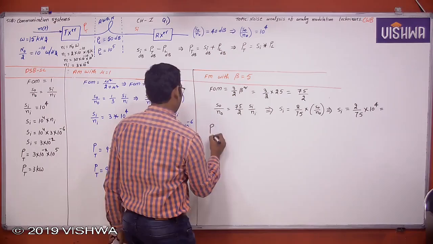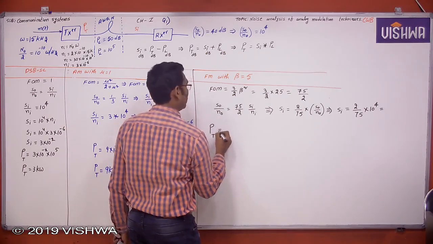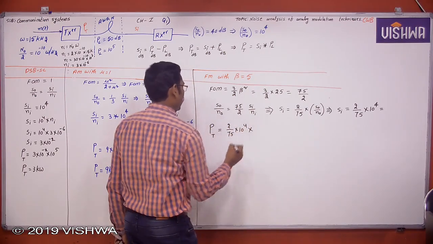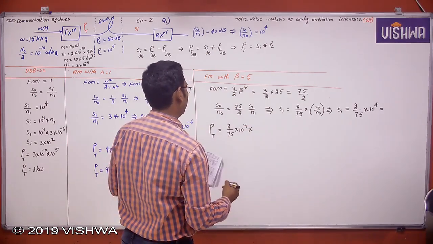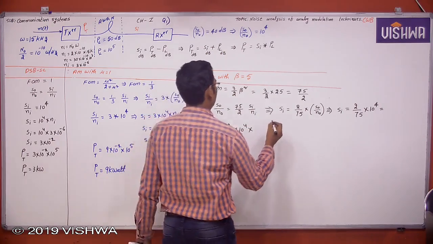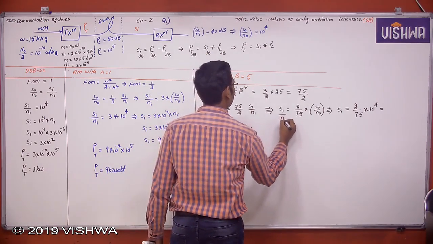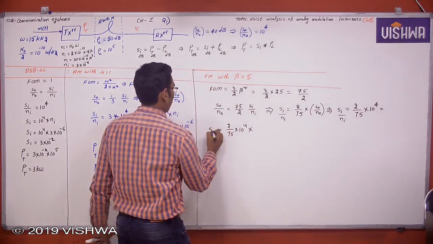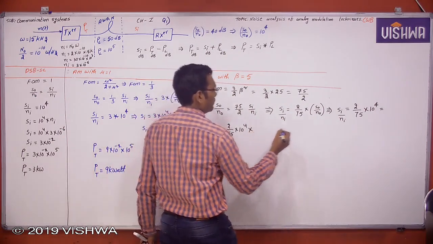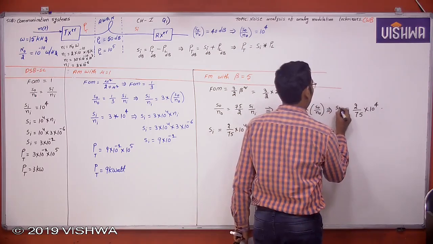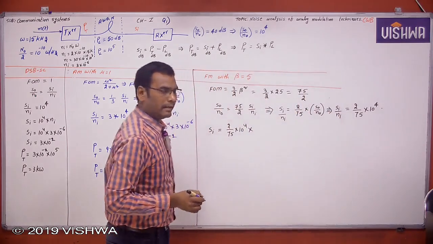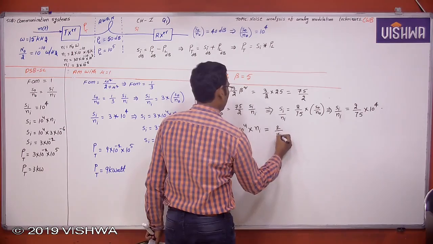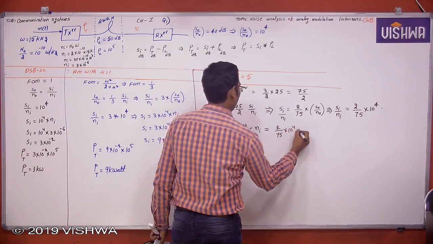Now the total transmitted power is equal to 2 by 75 into 10 power 4 into NI.